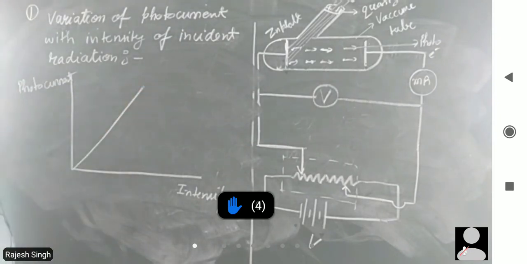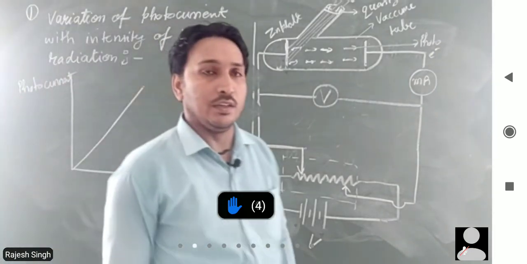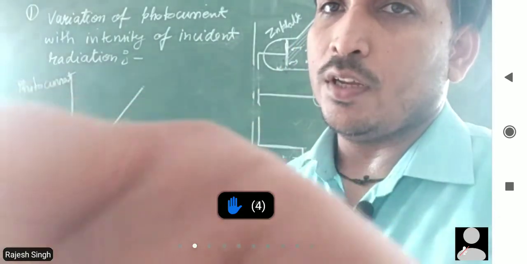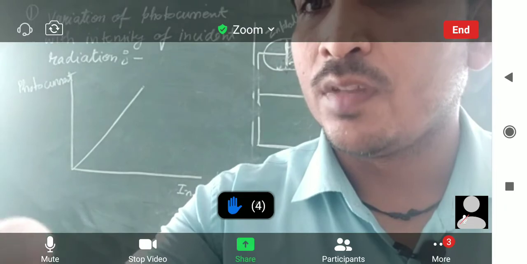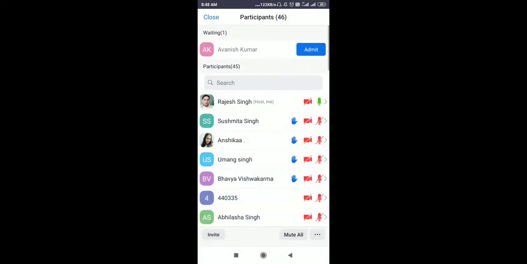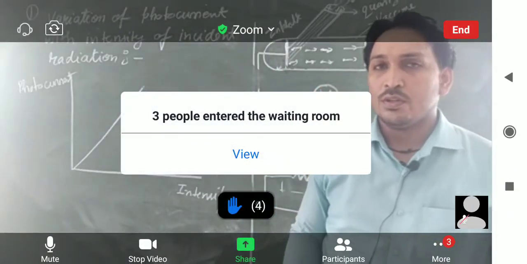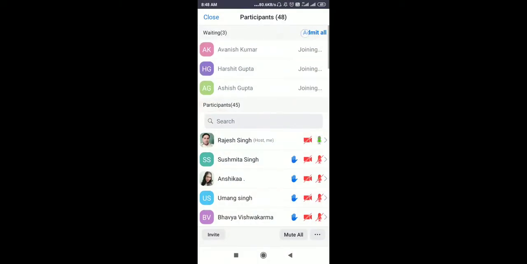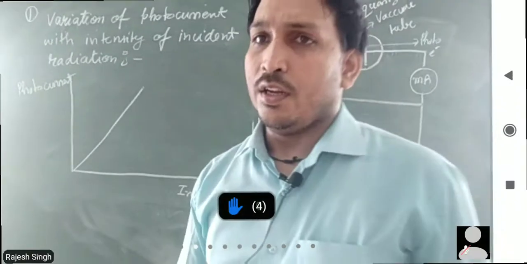With increase in intensity, photocurrent increases. And that was our expectation also. Why is it so? Don't leave the meeting unnecessarily.